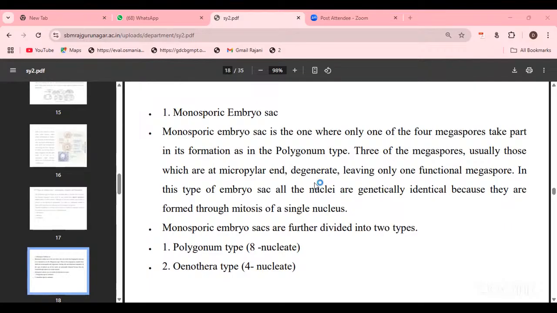The three megaspores, usually those at the micropylar end, degenerate, leaving only one functional megaspore.